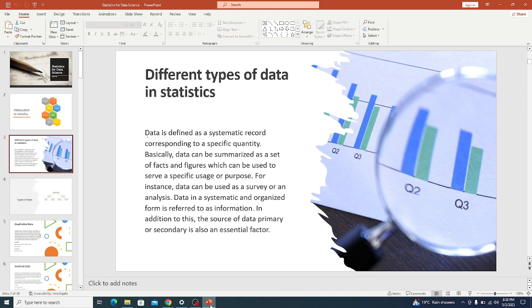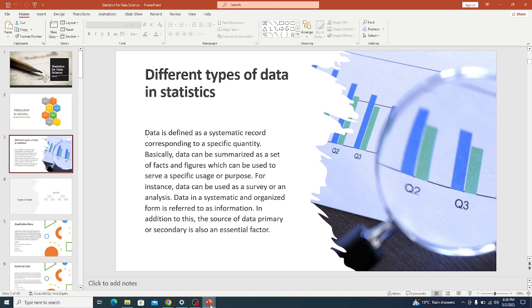Data in a systematic and organized form is referred to as information. If you do the analysis, you can get information from the data.